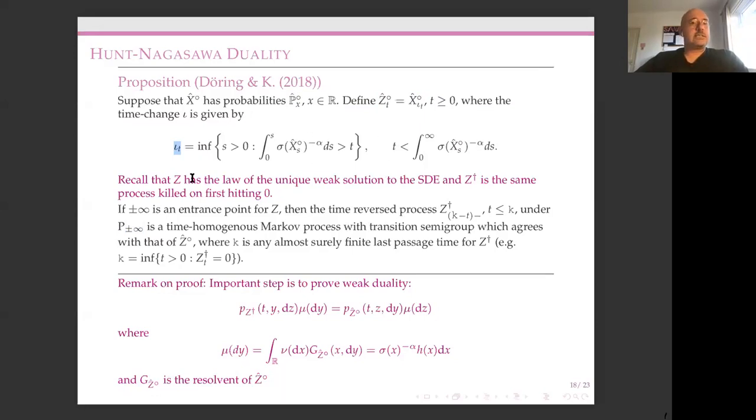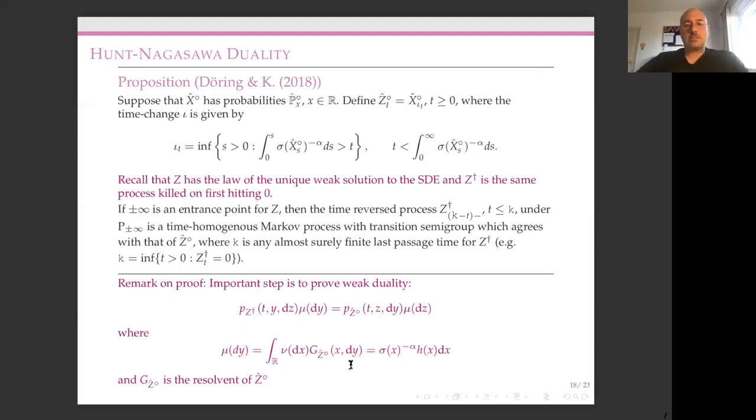Okay, so this is simply a verification using Nagasawa's duality criteria. In fact, Nagasawa wants us to check that my two assumed dual processes, so that would be Z dagger and this process here, so Z killed on hitting the origin, and this one here, need to fulfill some kind of detailed balance equations, if you want to call it that, with a reference measure.